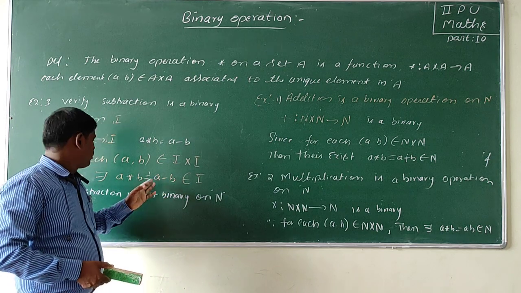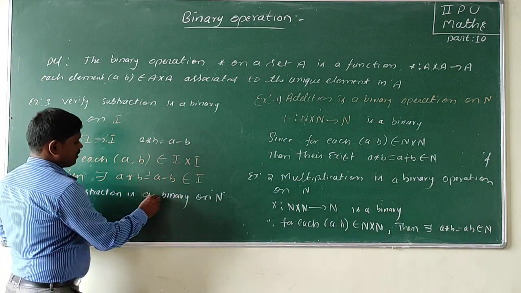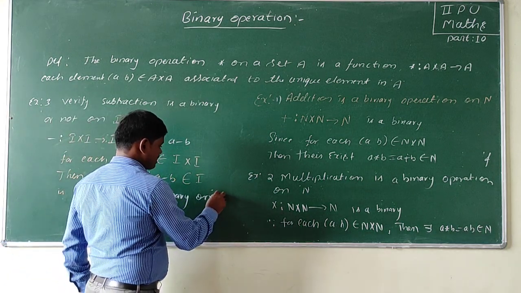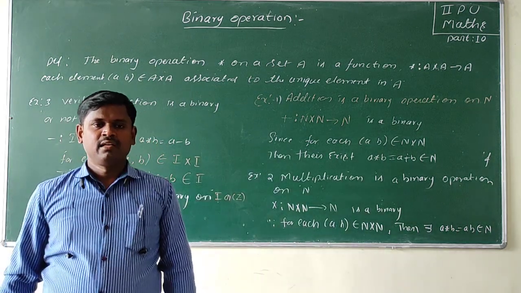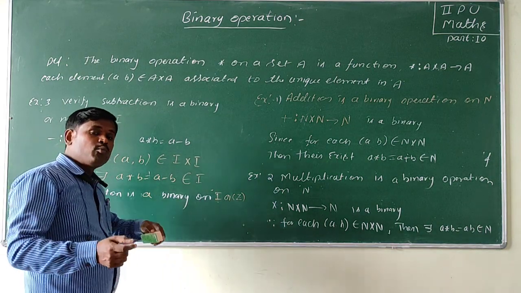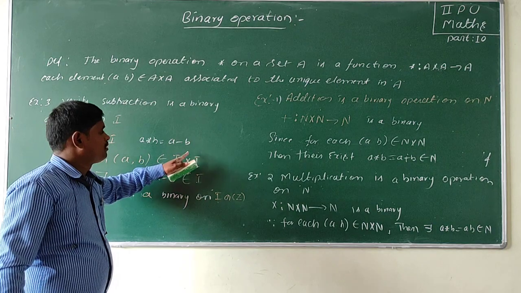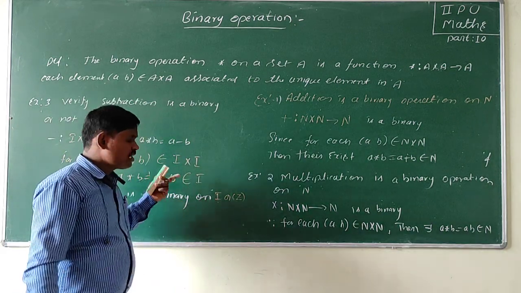Therefore subtraction is a binary operation on integers, taken as I or Z. Is it clear? If we take only positive integers, then it is not a binary operation.